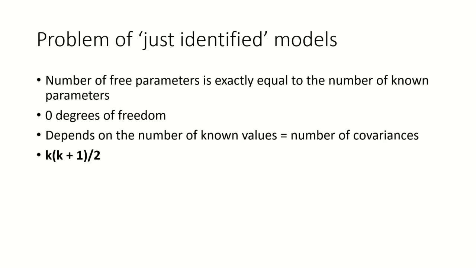We multiply 3 times 3 plus 1, which is 4, so 12, divided by 2, so 6. So if we have 3 items in our data set, we have 6 covariances that we can play around with. So we can potentially estimate up to 6 parameters, and in that case we would have a just identified model.